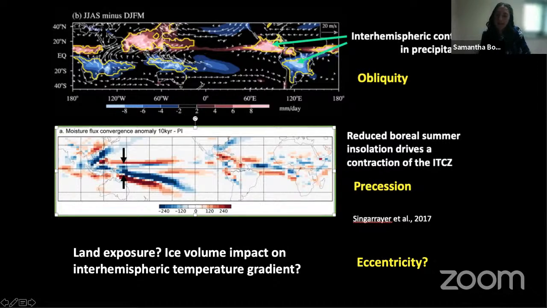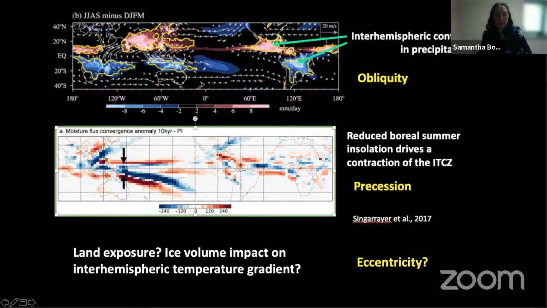And at the 100,000 year cycle, glacial-interglacial cycles, this may be related to land exposure leading to a drying during glacial periods, or impacts of ice volume.